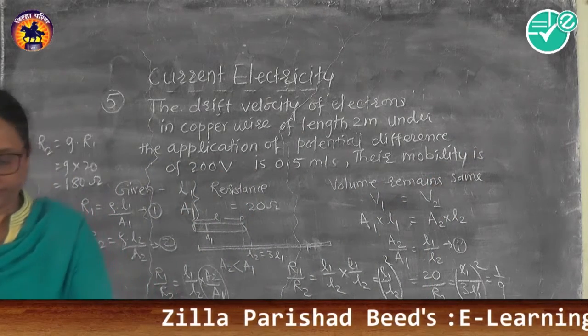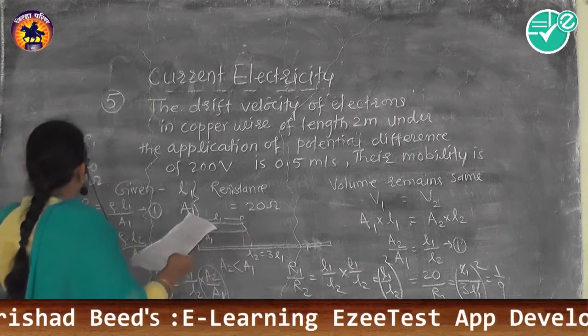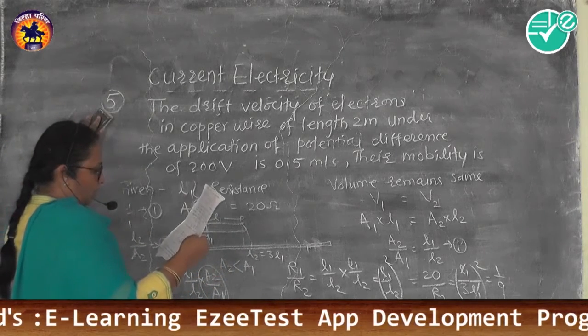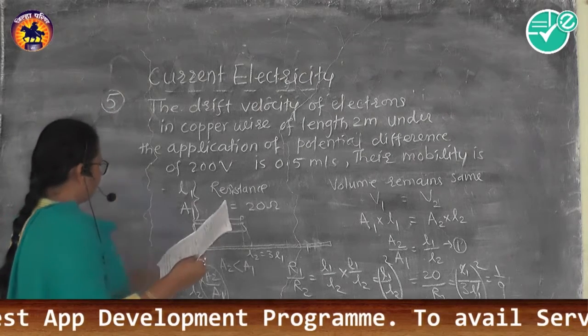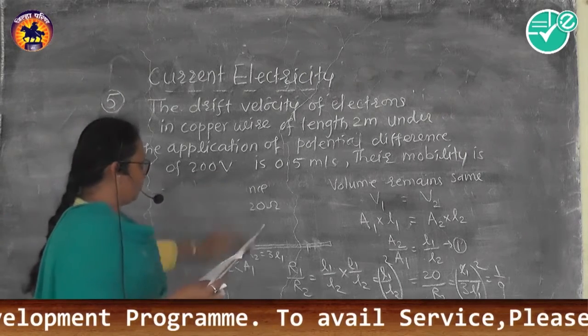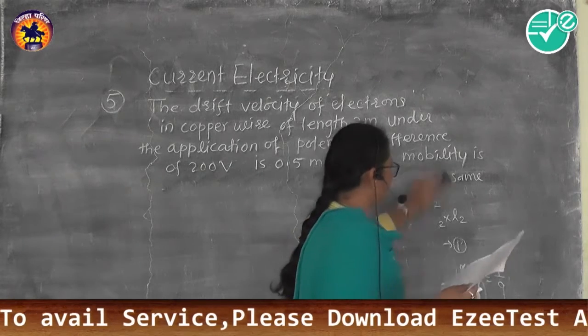First option, that mobility should be measured in meter square per volt second.